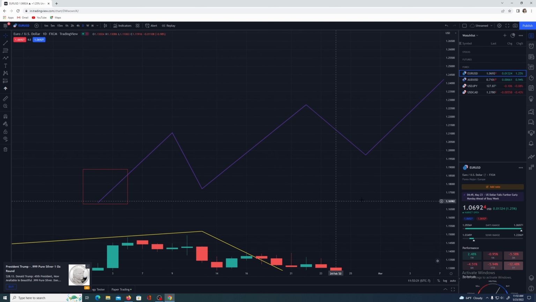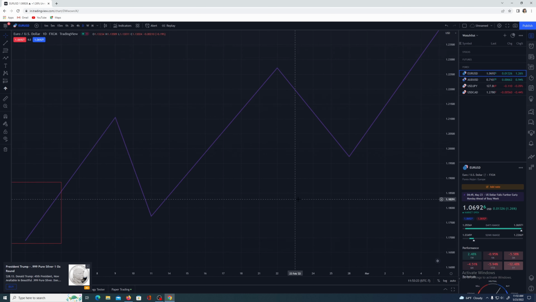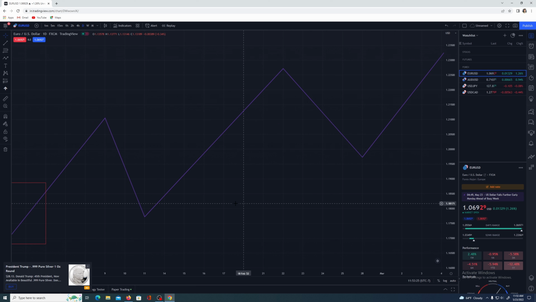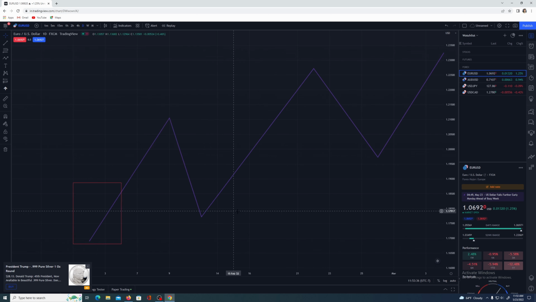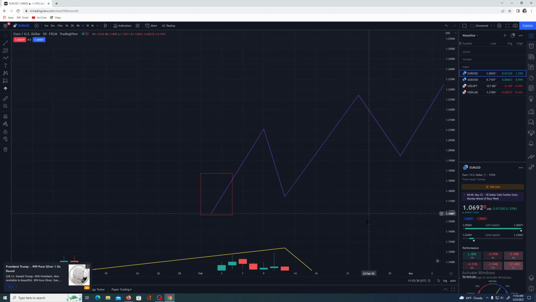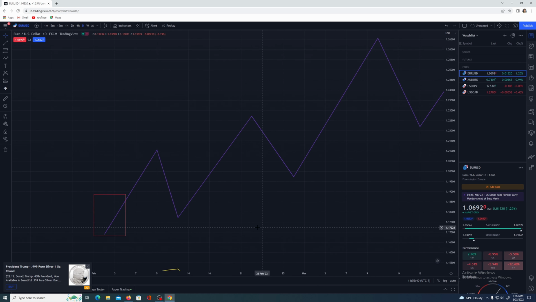So the idea of demand blocks and supply blocks is to not use just a candle, but to use the whole swings. What do I mean? Instead of, we said that a demand block is the last candle before I move up, right?